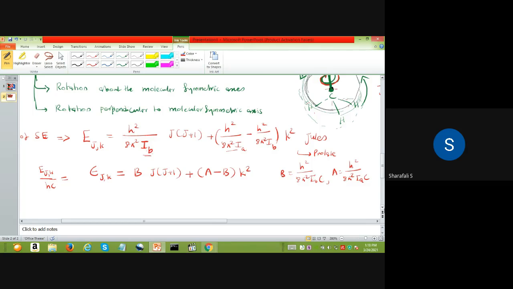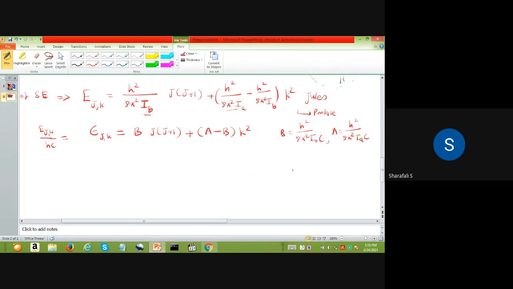In the same manner, this is for the prolate case, where you have IB equal to IC, which is larger than IA.